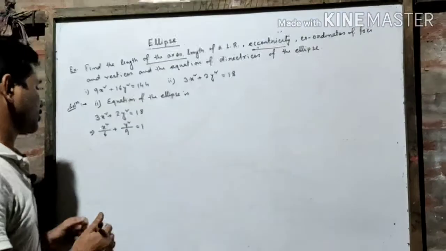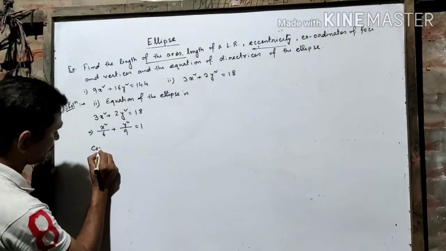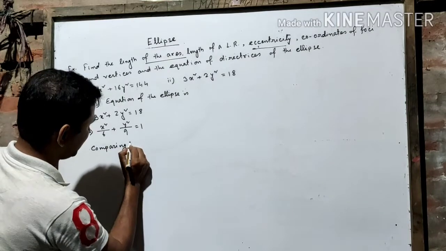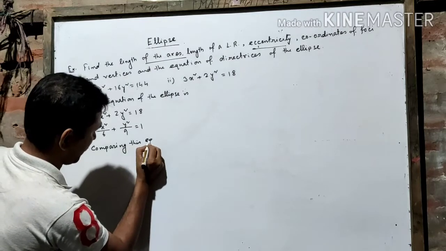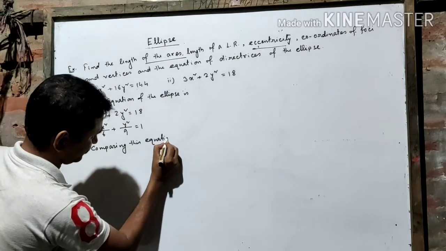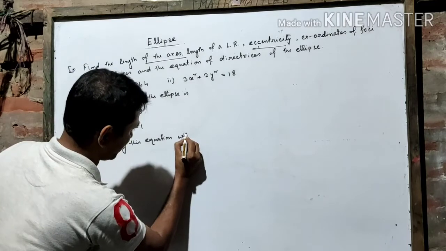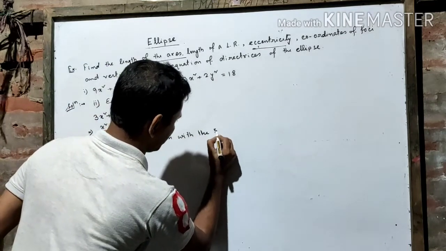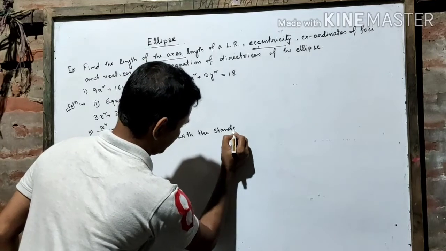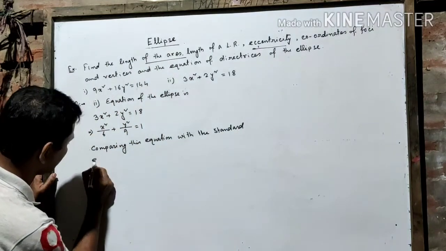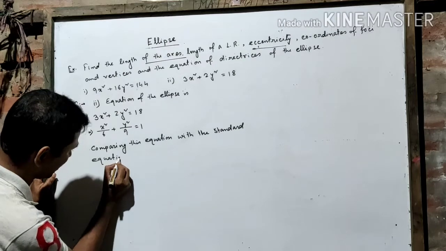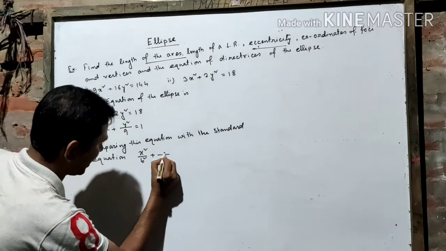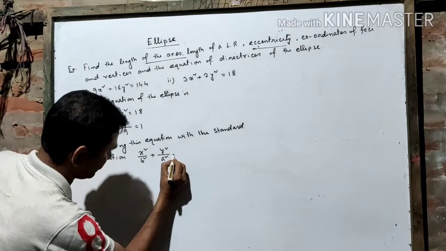So comparing this equation with the standard equation, here we will write the equation as x²/b² + y²/a² = 1.